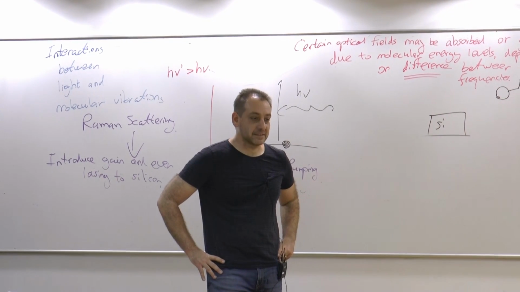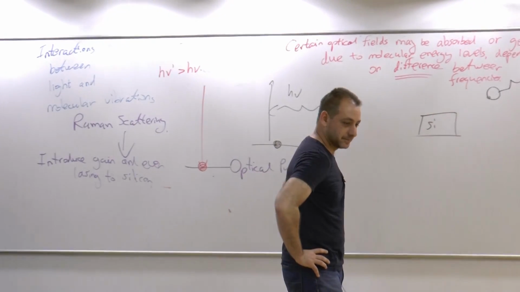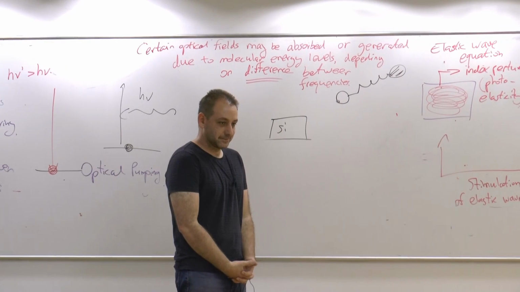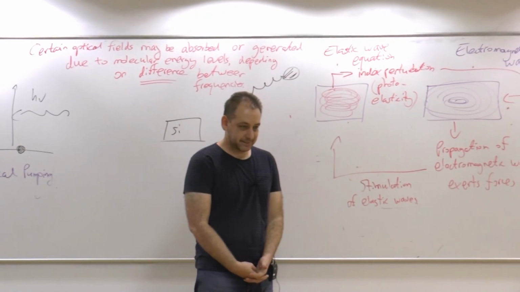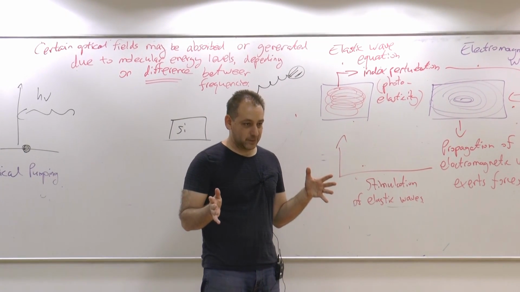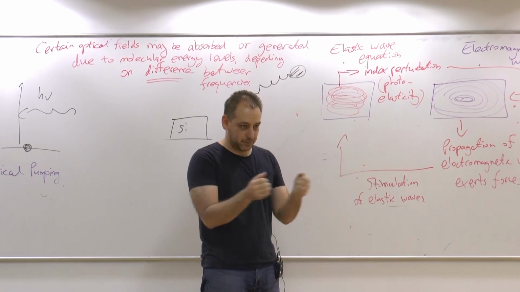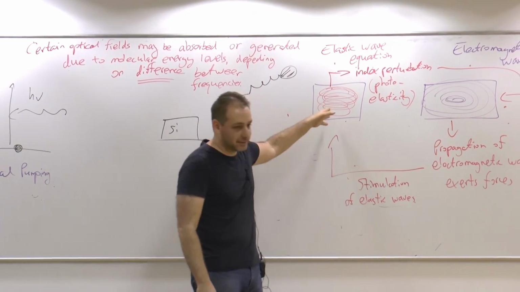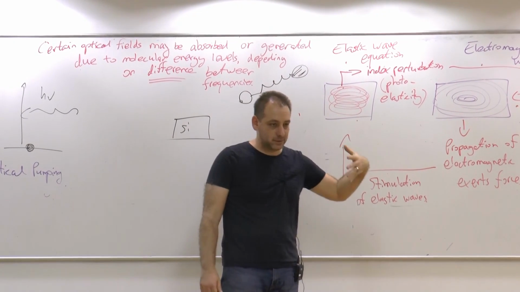Any questions? Yes, please. You said that Raman scattering happens when we deform the material. But Raman scattering and even light absorption also deform the material. Not physically. You're not seeing macroscopic scales being stretched and pulled. When we send an elastic wave like this, it has a wavelength, which is comparable to the light wavelengths.